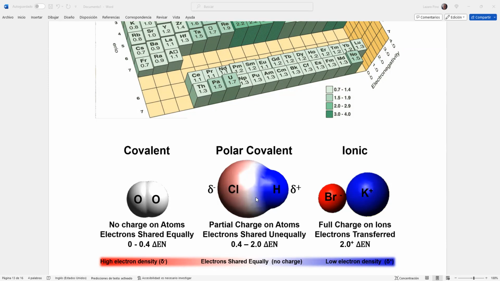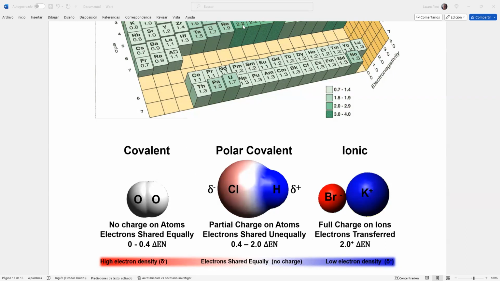Remember, here I am only determining the character of the bond between two atoms, not a molecule, okay? In the case of ionic bonds, the difference of electronegativity between the two atoms must be 2 or higher.